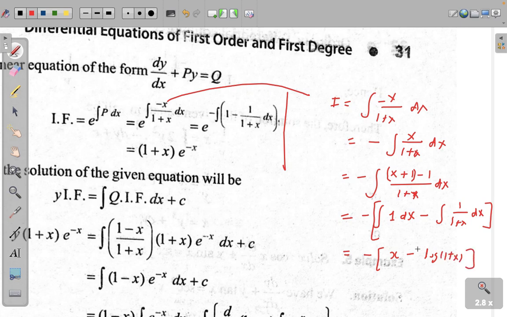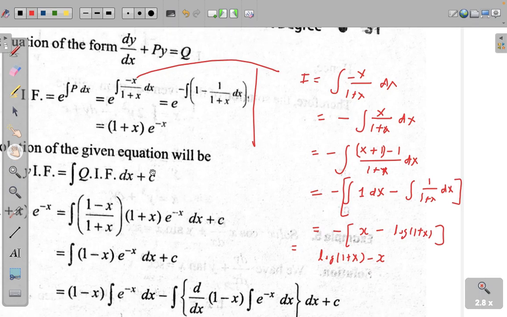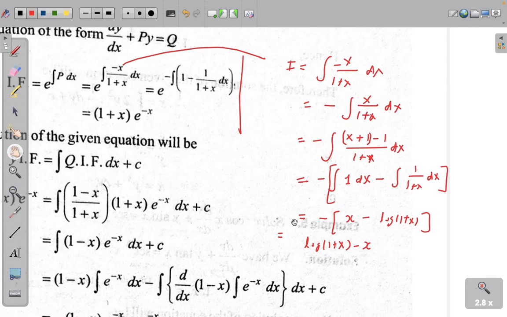Multiplying by minus 1, this will give us log 1 plus x minus x. Okay, and so putting this, we get e to the power integral P dx, which will become e to the power log 1 plus x minus x.